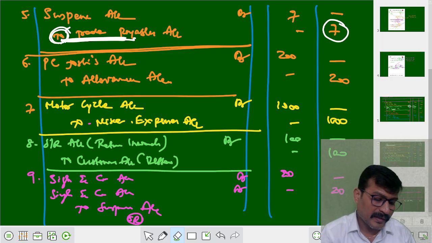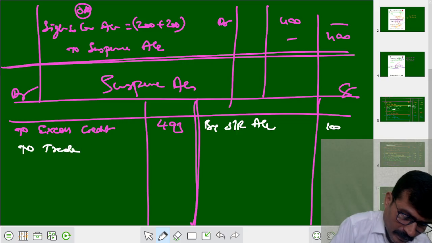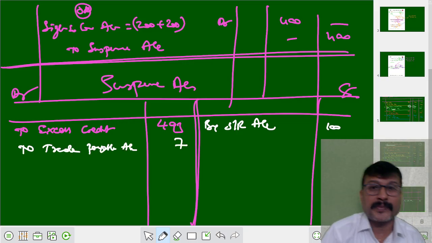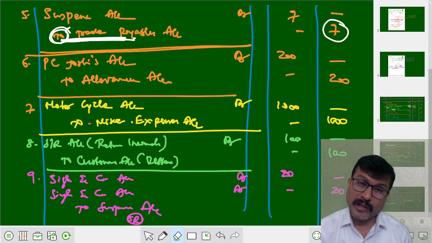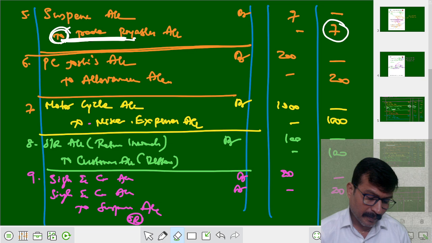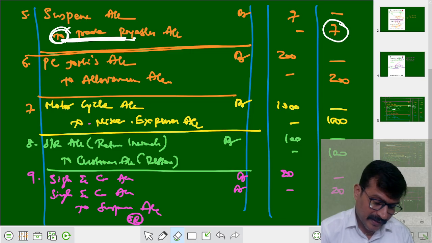We have to write trade payables account, ₹7. See the next one. Oh, PC Joshi to allowances, there is no suspense. Motorcycle to miscellaneous expenses, no suspense. Sales returns to customer, no suspense.